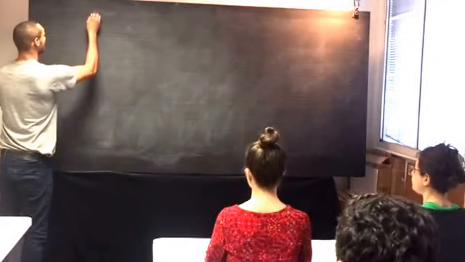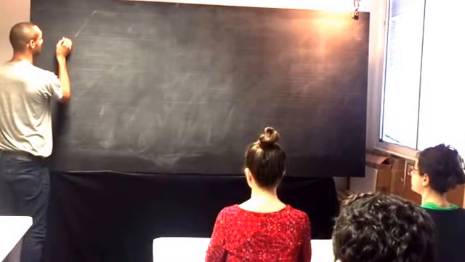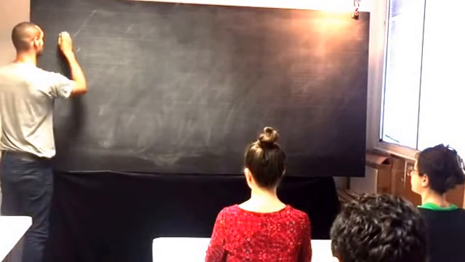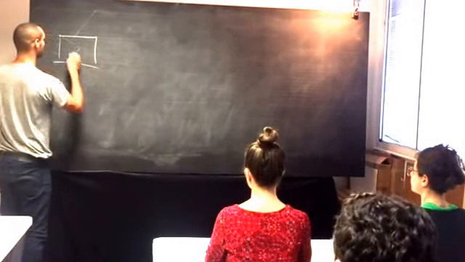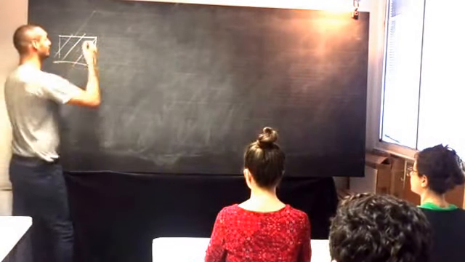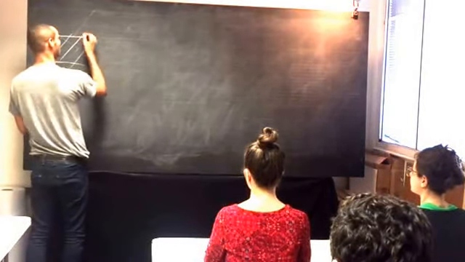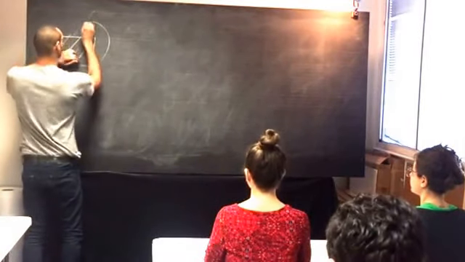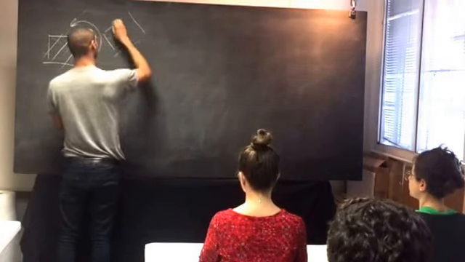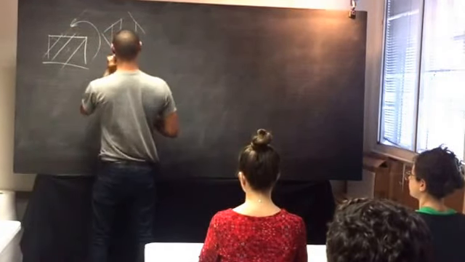So if this is the axis of the script, the paper needs to be there. But let's draw the page. So somehow it needs to be here. Now you're writing here. Ideally you want to be writing there. Rotate the page around so the page is there and you are here.